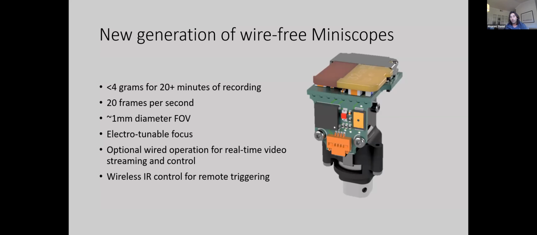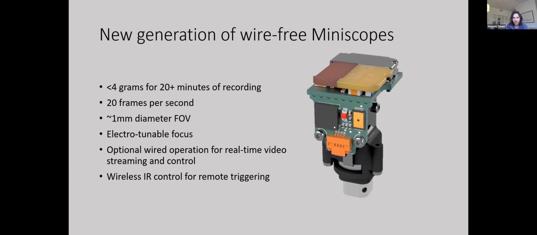Once you get the workflow working for you and you figure out how to dial these parameters, it's not really a problem. But it would be really nice for the same miniature microscope to just plug in a small cable and turn it into a wired microscope to be able to see the cells in real time and set the parameters you want, unplug it, and let the animal run wire-free.